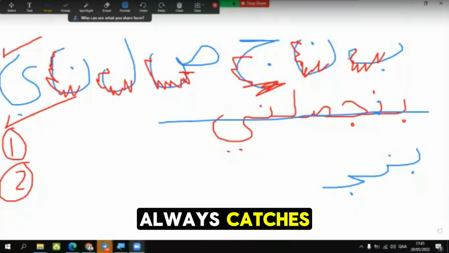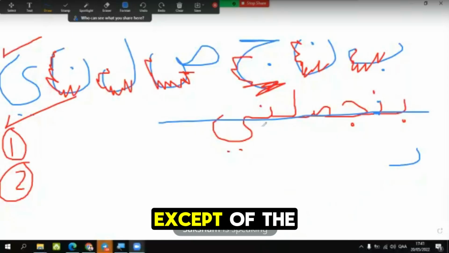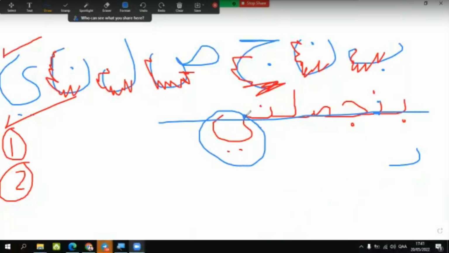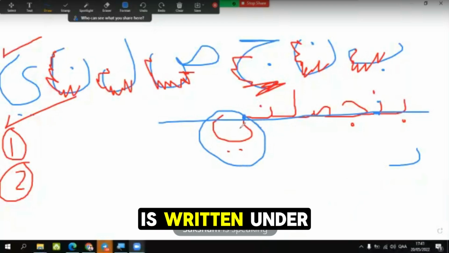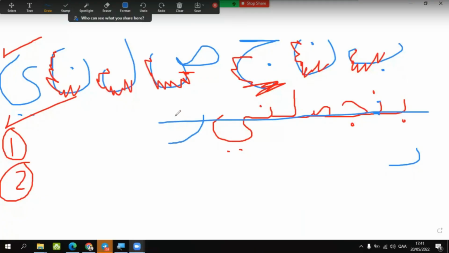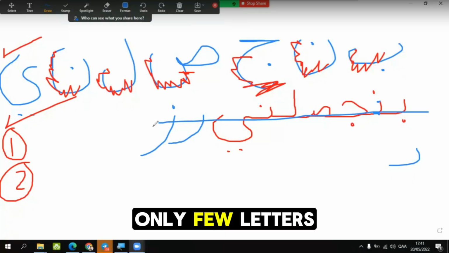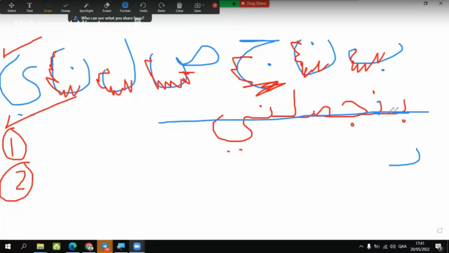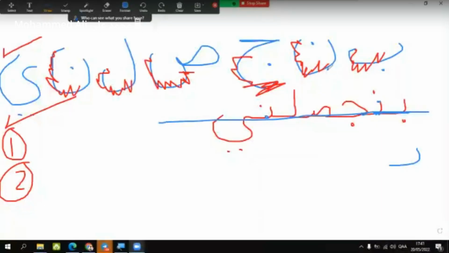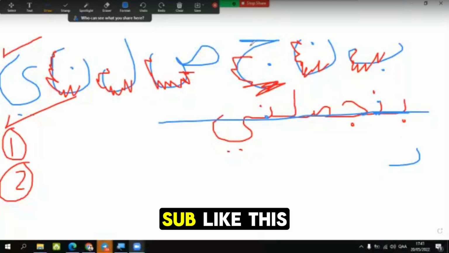The hand always catches the letter from the bottom, except for letters written under the line, like the ya, which is caught from the top. Only a few letters are written under the line, like the ya, the ra, the zay or the waw. Most letters are caught from the bottom. So not, for example, the hand catching the lam from here, or the jim catching the sad like this. No, always from the bottom.